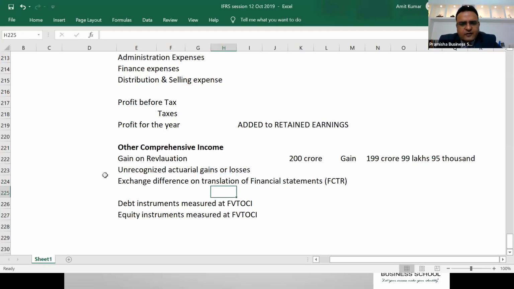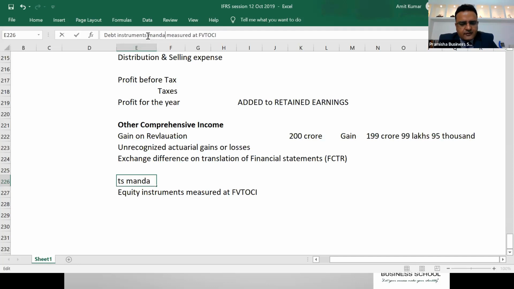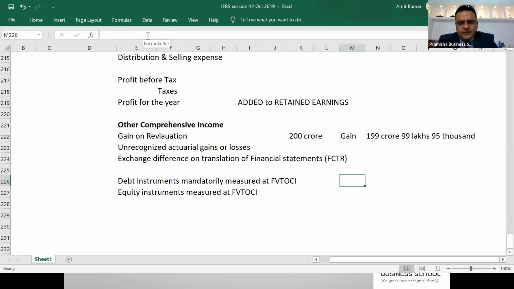Then under the standard on financial instruments, there are some debt instruments which are mandatorily required to be measured at fair value through OCI. There is a category which I'll discuss in detail when I'm discussing financial instruments. It is the solely payments of principal and interest category with the intention to sell.